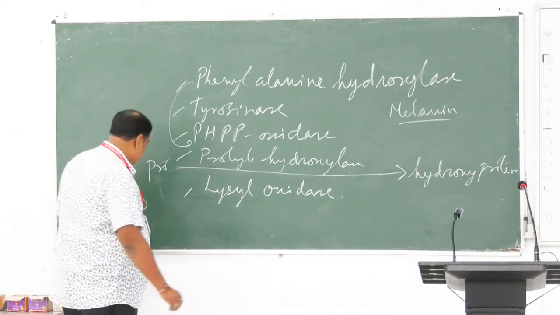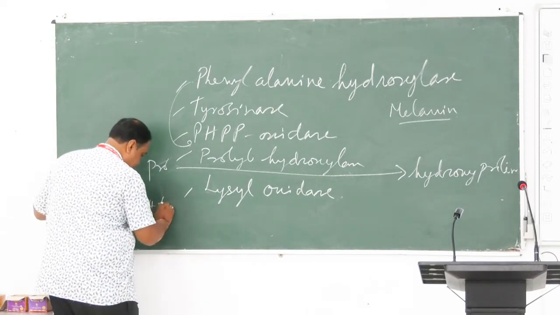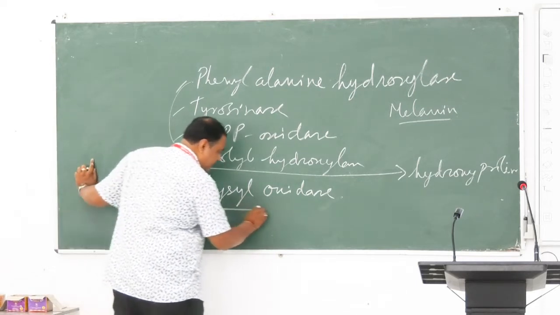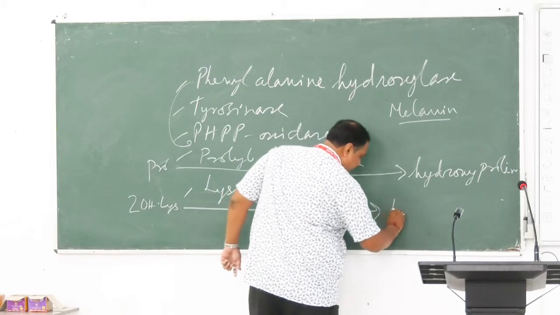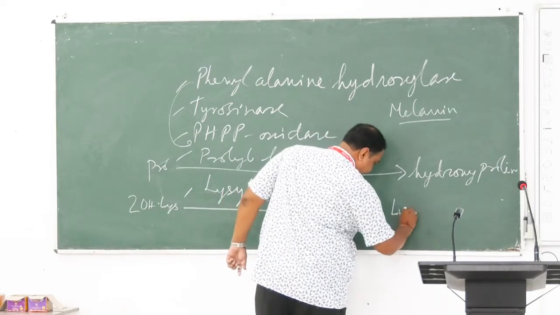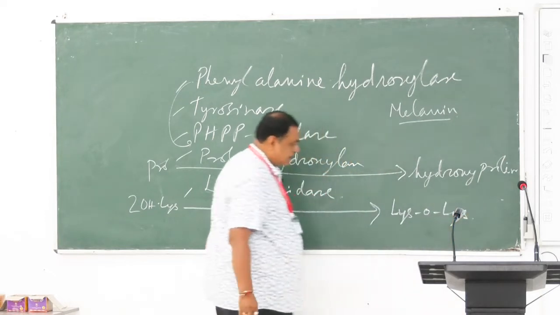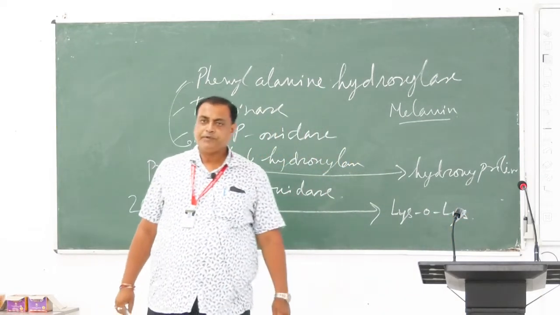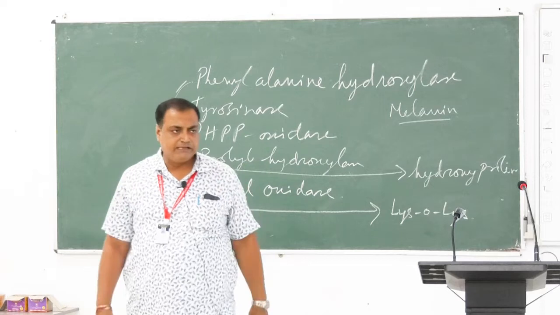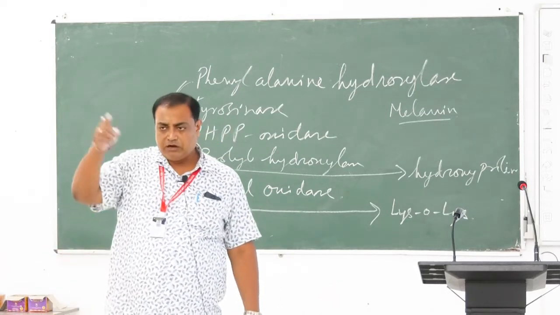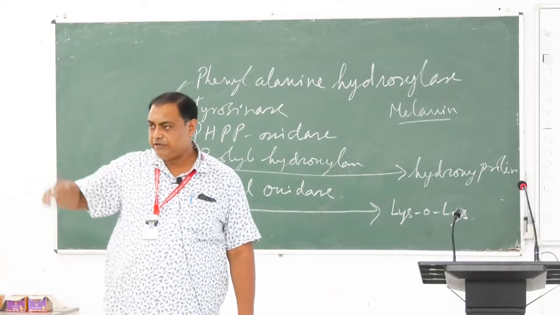Next important is that hydroxylysine to hydroxylysine will be joined like this. Two hydroxylysines will be joined like this, and this linkage is necessary for cross-linking of neighboring collagen fibers.